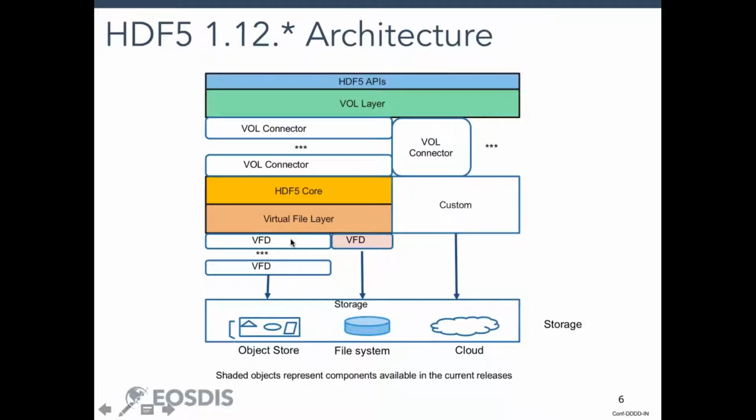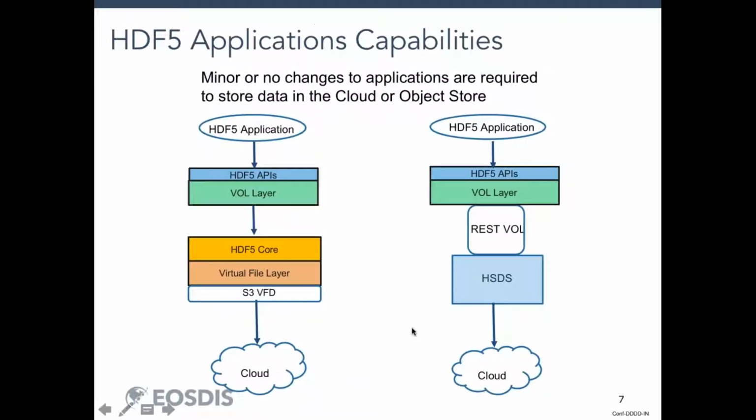On top of our library there are HDF5 APIs, and there is a thin VOL layer that intercepts HDF5 calls and can redirect them through a VOL connector to a custom implementation of putting data into storage, or it goes through the so-called pass-through connectors that go into the HDF5 core library and then result in calling virtual file drivers that essentially operate with offsets and sizes in bytes and put them in the storage.